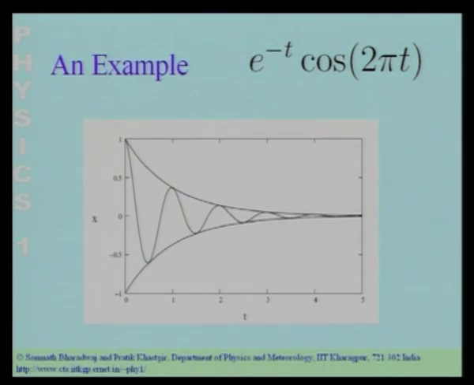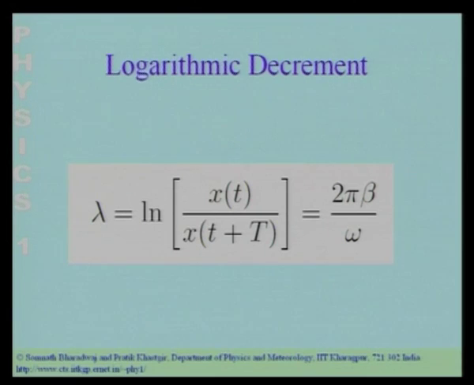The logarithmic decrement is a measure of how much the amplitude falls in one period of the oscillation. So, you should take the amplitude at a time t.